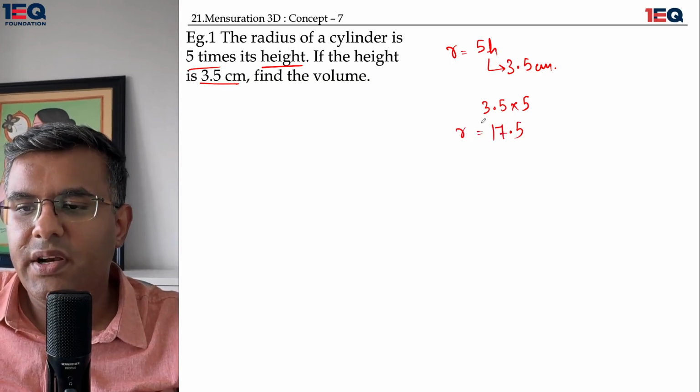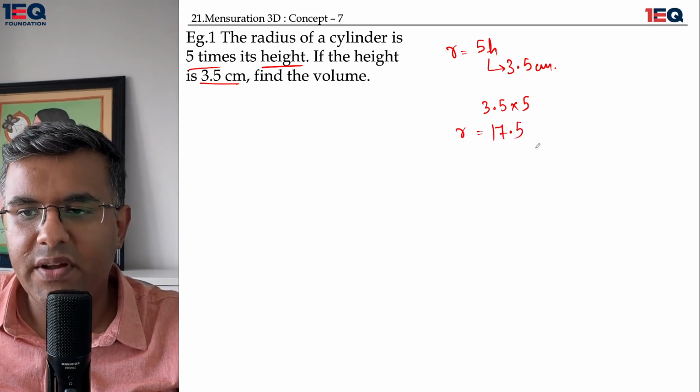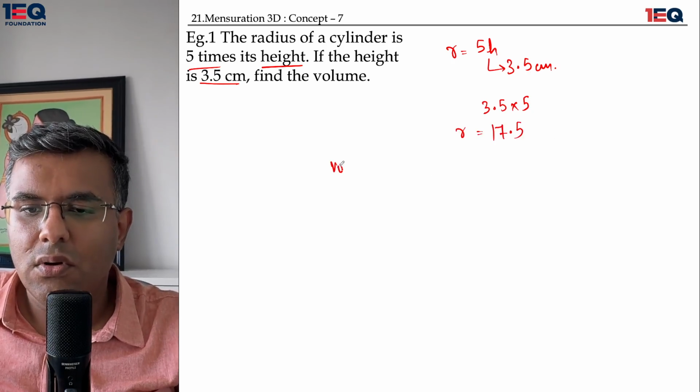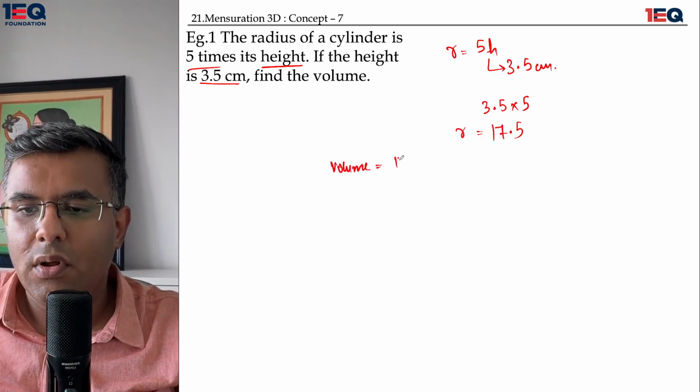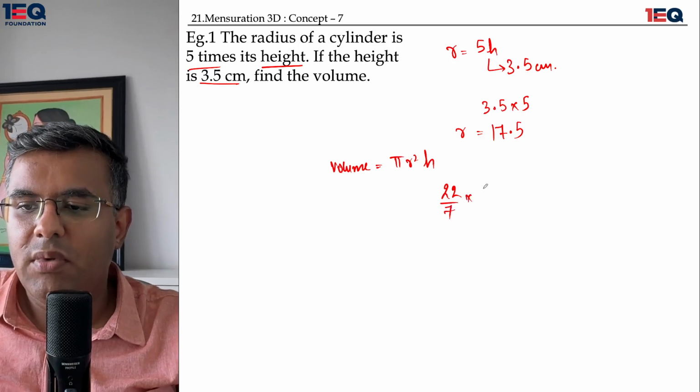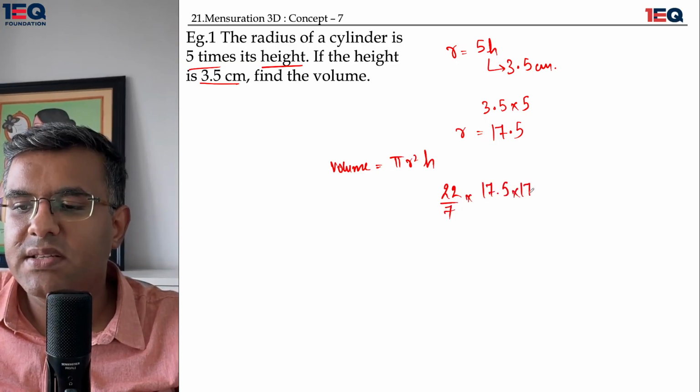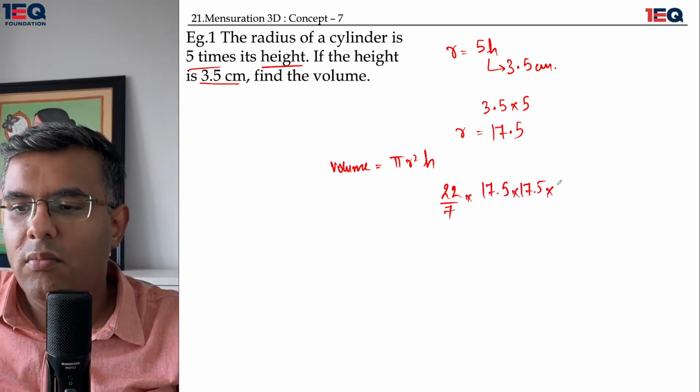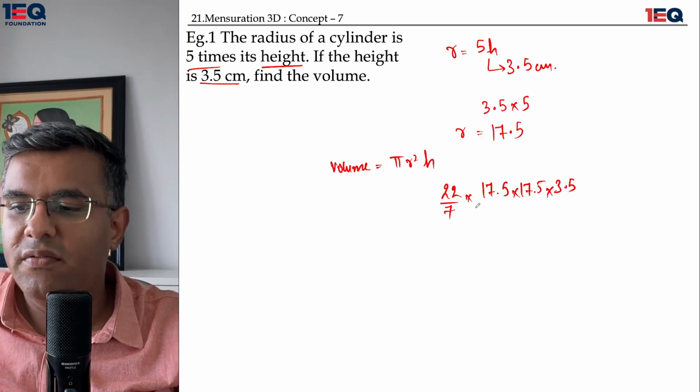This becomes the radius. We already have the height as 3.5 available with us, so the volume comes out to be pi r square h. Pi is 22 by 7 multiplied by 17.5 multiplied by 17.5 multiplied by 3.5.